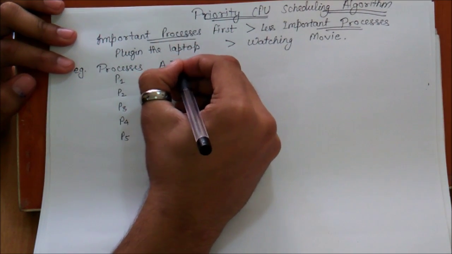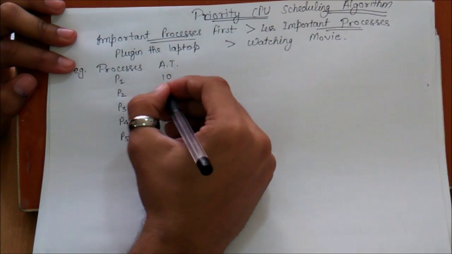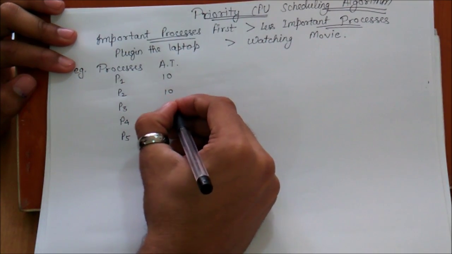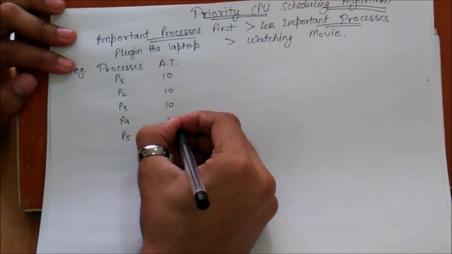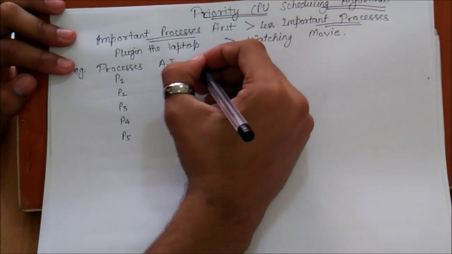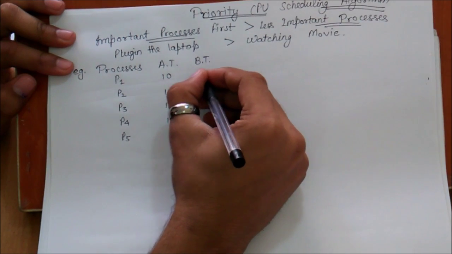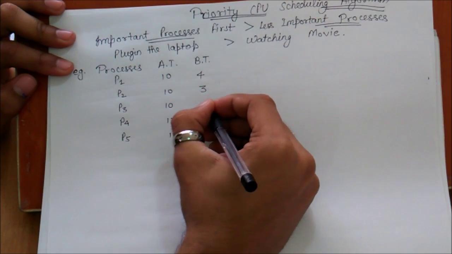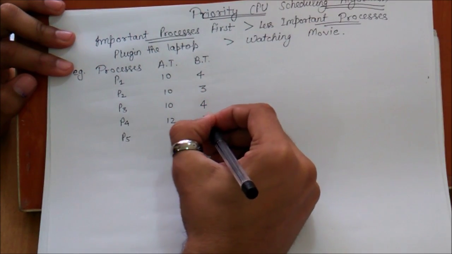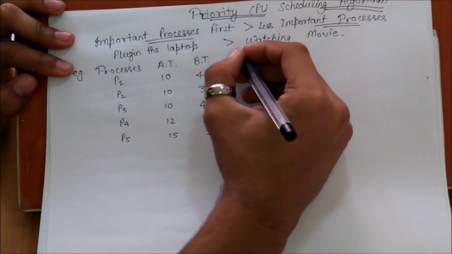We have the arrival times at 0, 10 seconds and then at 12 and 15. Also we have the burst times at 4, 3, 4, 3 and 1.